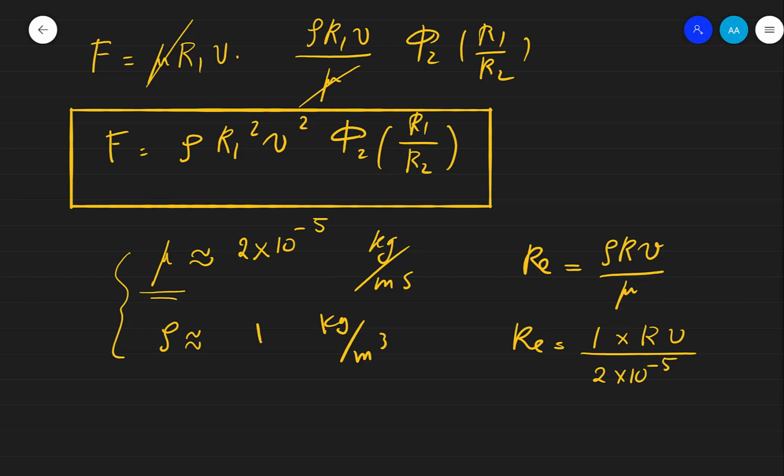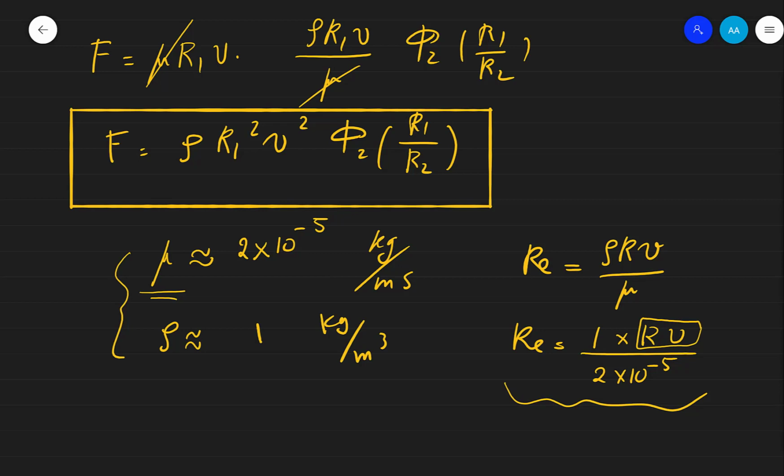So if the object is very, very small, or the velocity is very, very small in such a way that the Reynolds number is a small number, the flow is laminar.